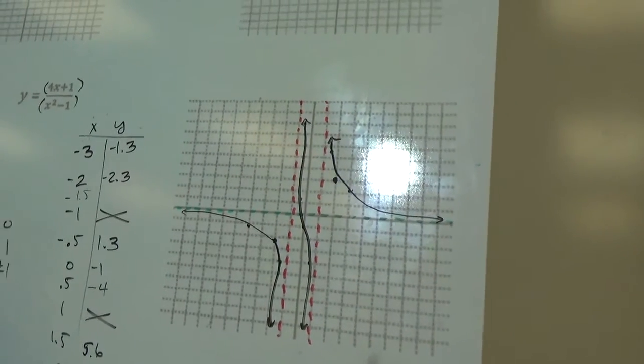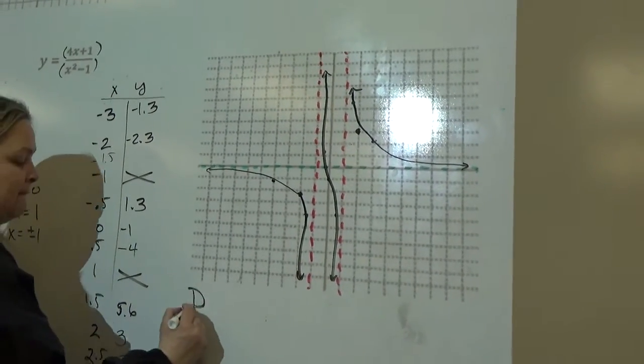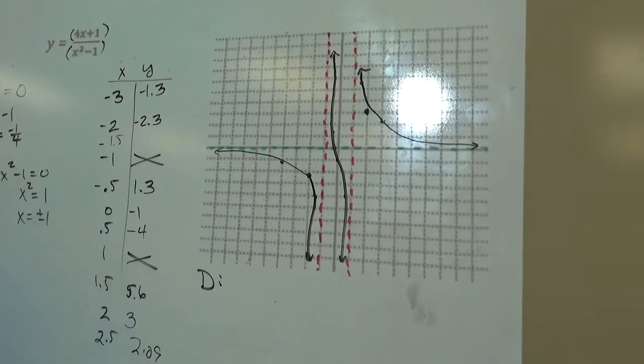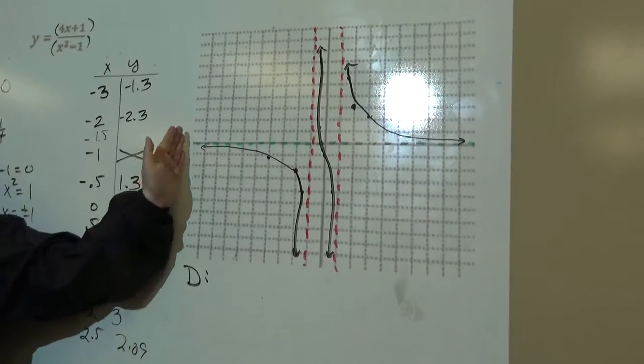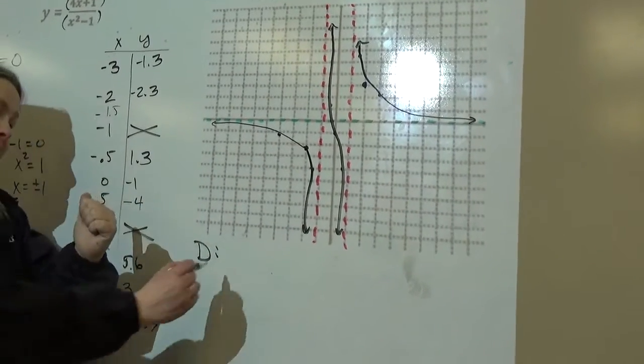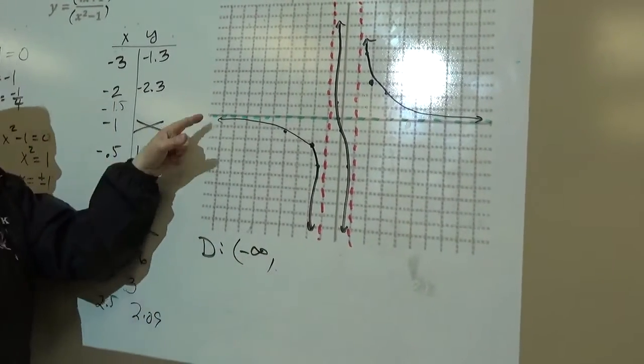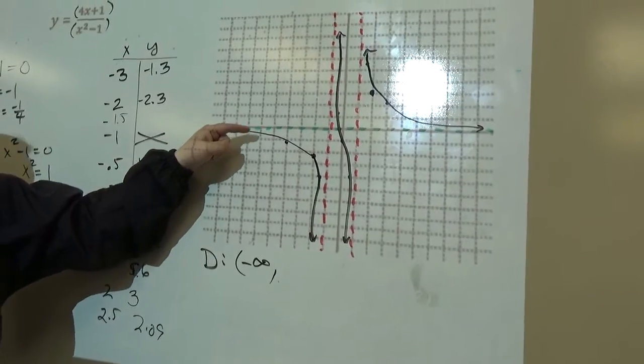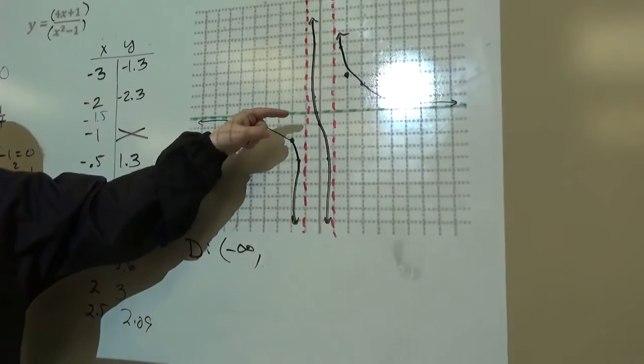Okay, let's talk about our domain. What is the farthest point, the smallest x value I could have? Negative infinity. And then every number for x works until I get to negative 1.